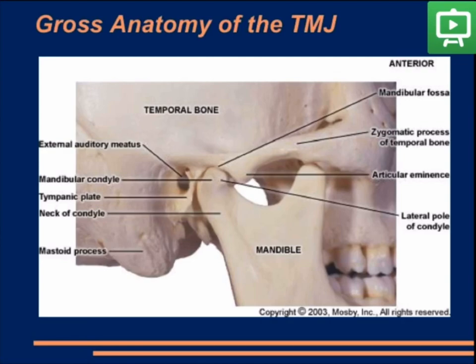Here, as we can see, the mandibular fossa is posterior to the articular eminence, which is a shallow depression, and the condyle, which is the head of the condyle, is a convex surface, and it joins the mandible through the neck.